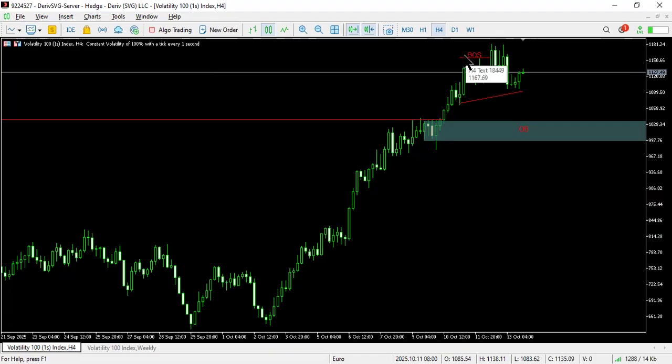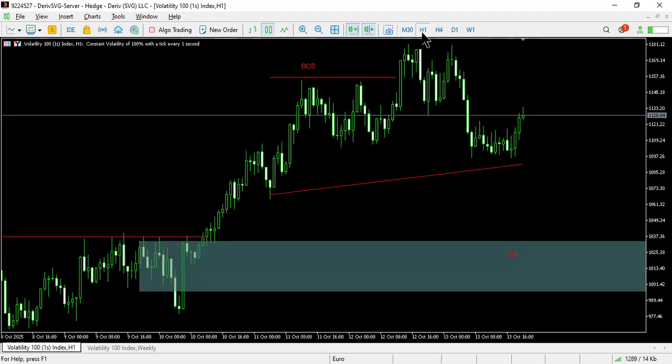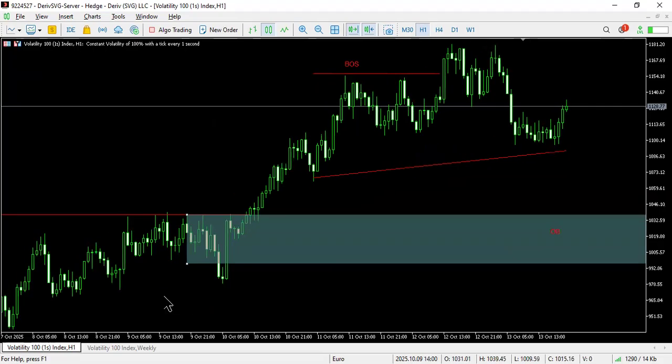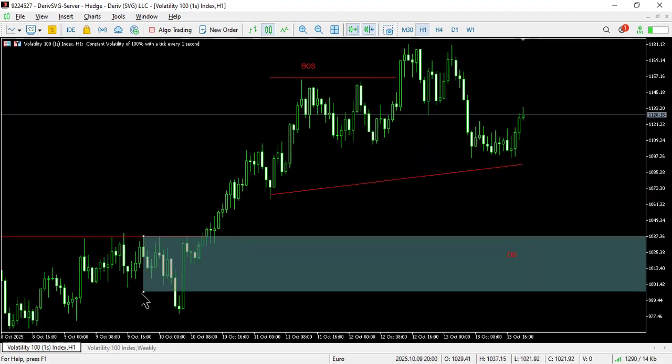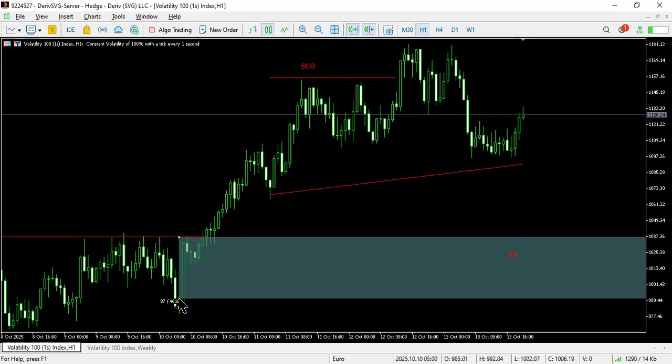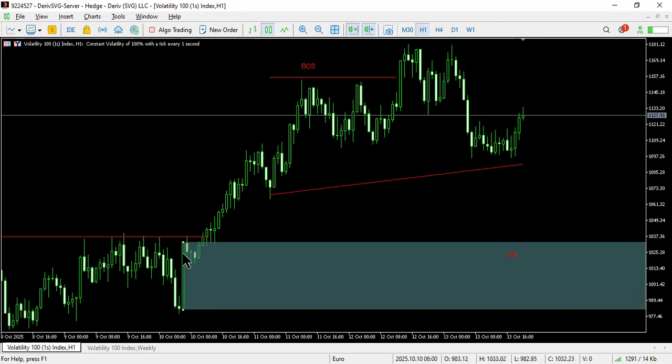So that is the 1 hour that I'll be targeting. If we go to the 1 hour time frame, if we are to adjust our order block, it's going to be there. So that is our order block.